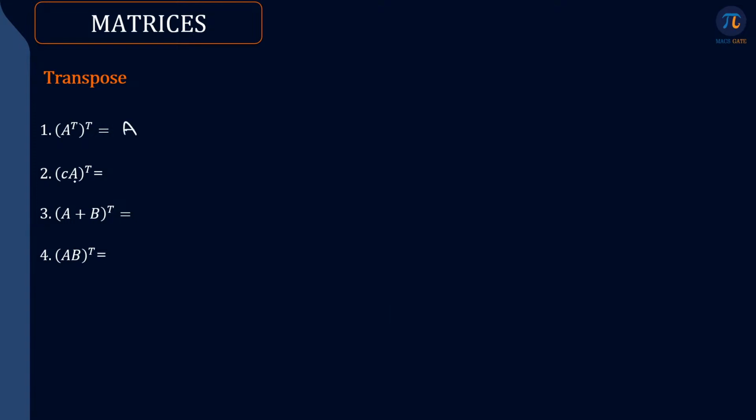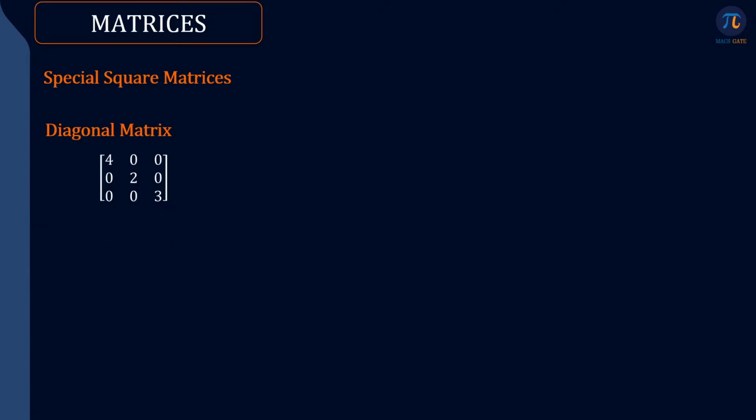And constant times A whole transpose is simply C into A transpose. So that does not matter. C you can take common. A plus B whole transpose is A transpose plus B transpose, and AB whole transpose is B transpose into A transpose. So sometimes it is important to note these properties, my dear friends.